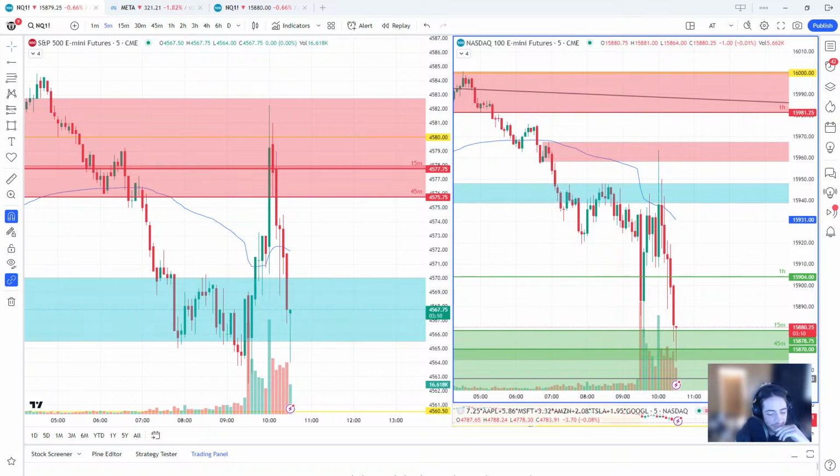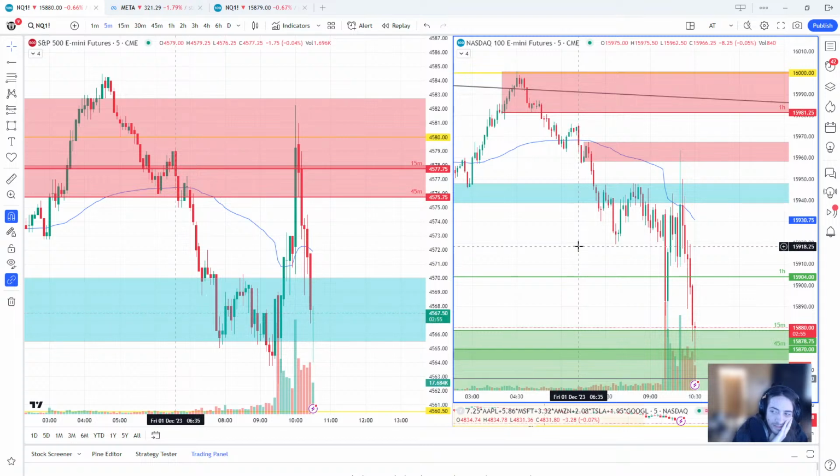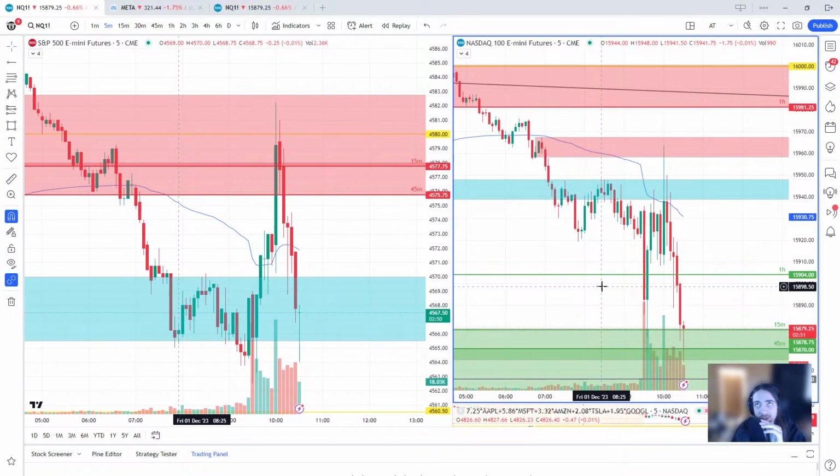Alright, not bad. 48% win rate, $2,000 because I only traded today and yesterday. So I'll take it, ladies and gents. Still got that divergence going, so I'm staying patient.